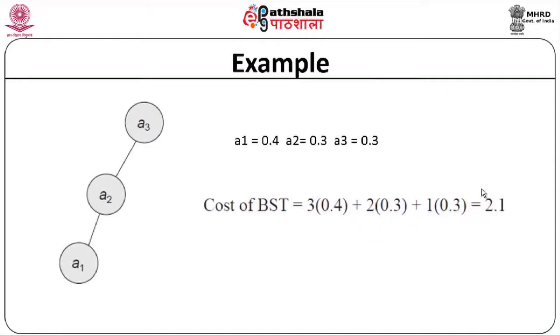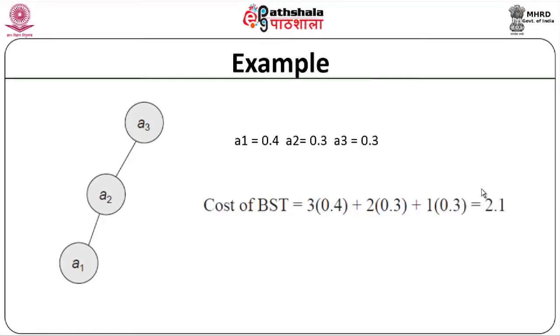So, recollect the rules of the BST. As I said earlier, all the nodes on the left-hand side should be lesser than the value of the root node, and all the elements on the right-hand side are going to be greater than what is present in the root node.